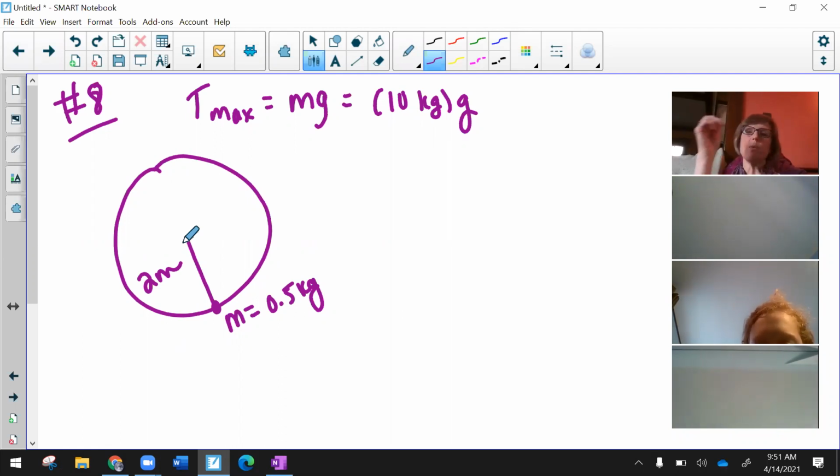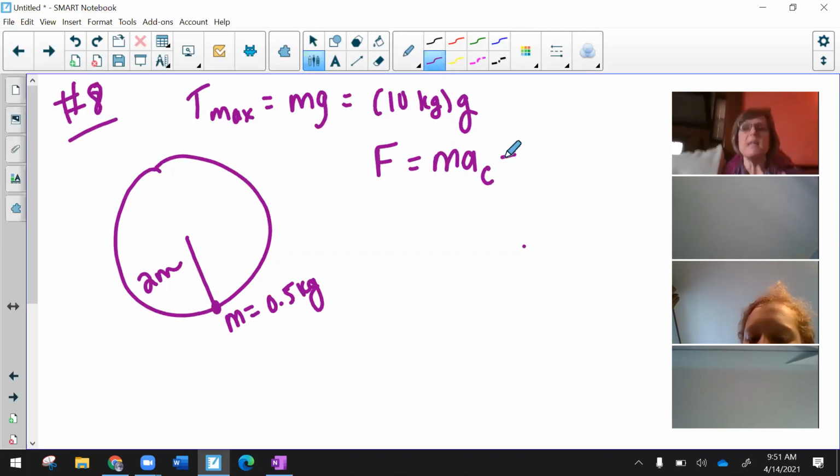Okay, so what's going on here? What kind of motion is this? Rotational. It is, but it's actually a very specific kind of rotational motion that we learned about long ago. Centripetal. It's centripetal, okay? So remember, centripetal means that F is equal to m a_c.